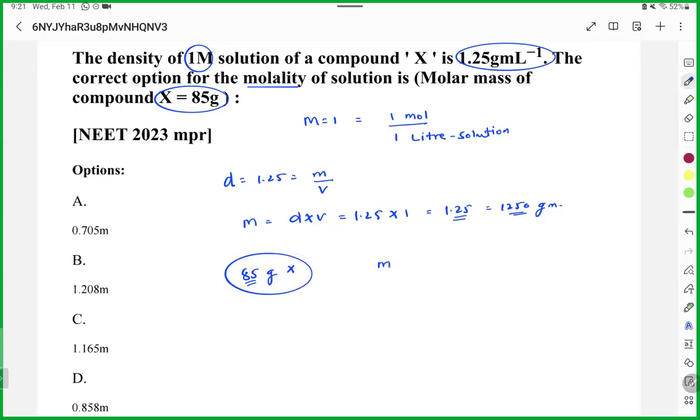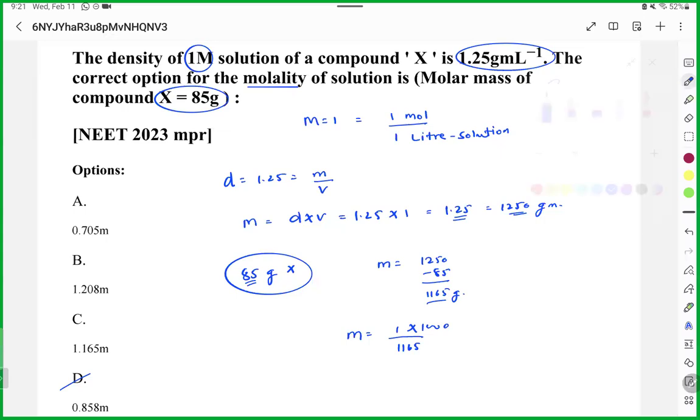What will be the mass of the solvent? 1250 minus 85, 1165 is the solvent mass. Now you can calculate what is the molality. Moles of solute, that is 1, by mass of the solvent 1165, multiplied by 1000. Understood, guys?